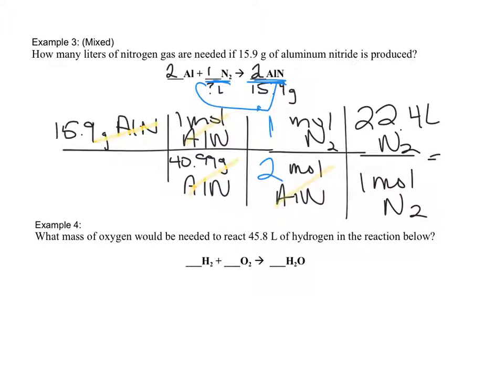So now that we've done that, we've canceled all our moles of nitrogen. We're left with liters of nitrogen, which is what we're asked to find. You multiply across the top and the bottom and then divide. Rounding that answer to 3 sig figs, we're going to get 4.34 liters of nitrogen.